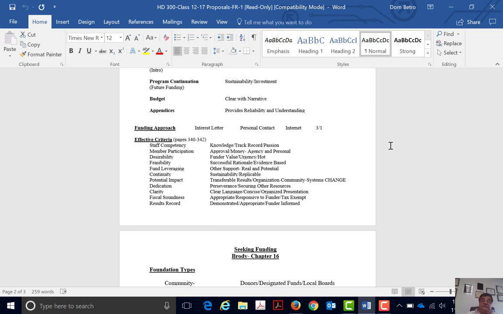Your chapter also outlines pretty good criteria for what you need to have in order to be successful at this. It's on actually page 340 to 342, and they talk about staff competency, having people who have the knowledge of the program, the track record, and the passion.